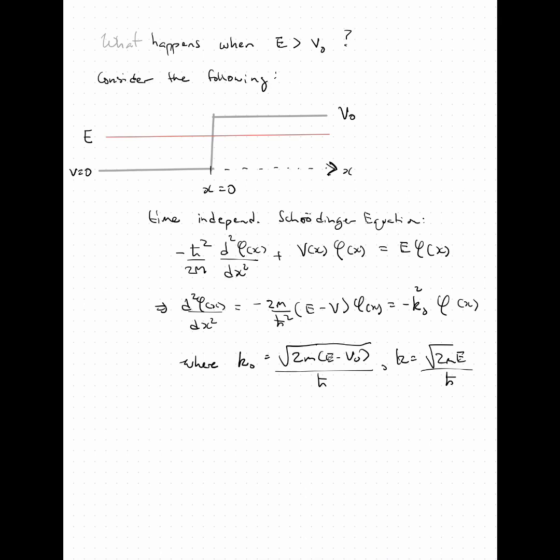So if you notice, this is quite similar to how we started for the finite square well. In some sense, this is just half a finite square well.